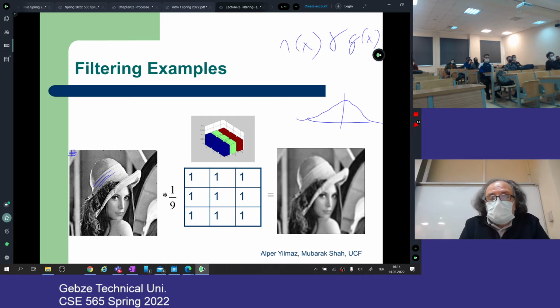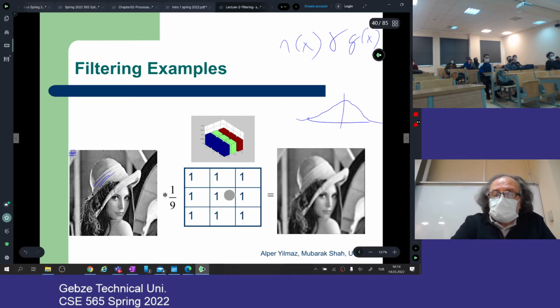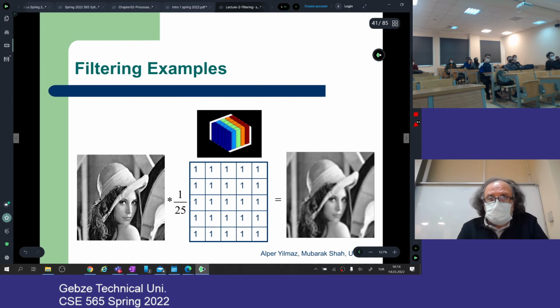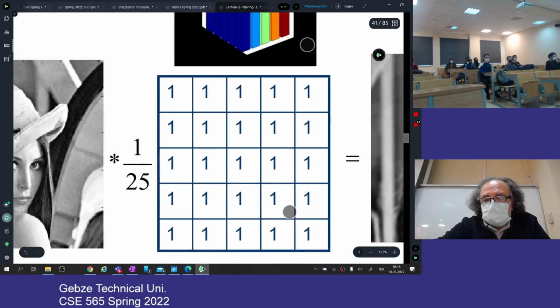So if the image is corrupted by Gaussian noise like that, maybe this kind of filtering is good for me. How about this one? What happened? It's a 5 by 5 filter, right? If I convolve this image with this filter, I would get this.